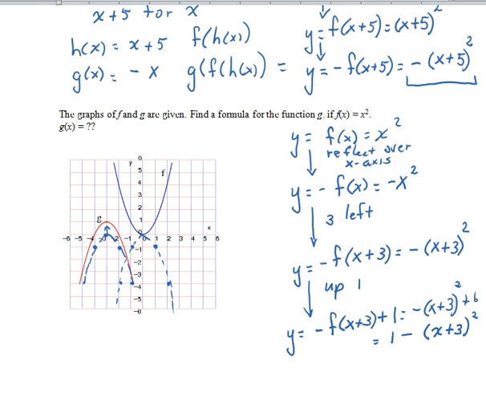Now notice it would not have worked to move the function so that its vertex was correct before doing the reflection.